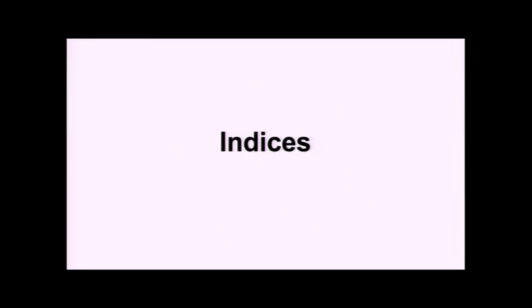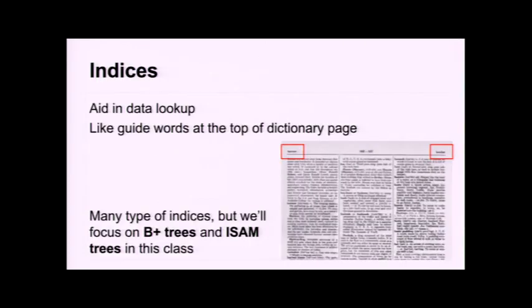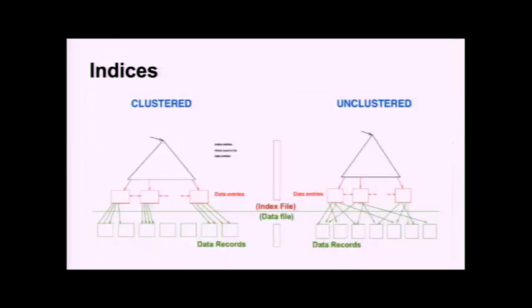Okay. All right, indices. So indices aid in data lookup. Basically, they allow us to search for things a lot more easily. And there are two kinds of indices, the clustered indices and unclustered indices. A clustered index has the pointers at the leaf pages of the index sorted the same way the data is sorted on the disk.